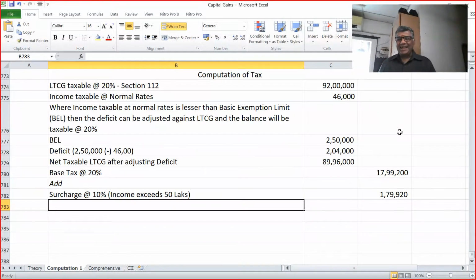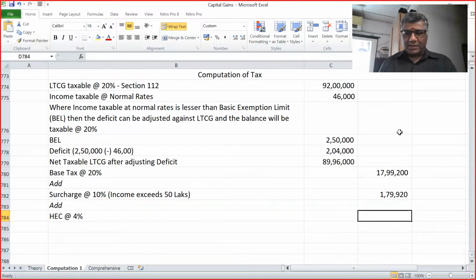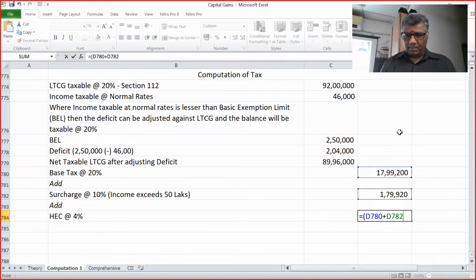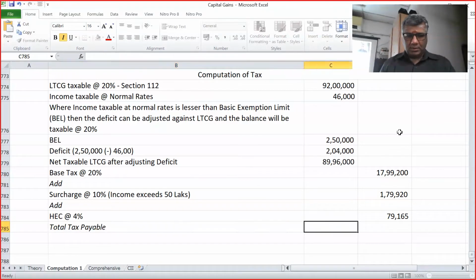Okay. So 1,79,920. Add HEC at the rate of 4% to get the total tax payable.